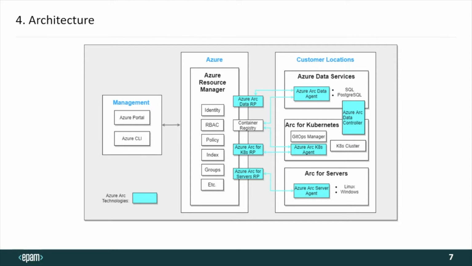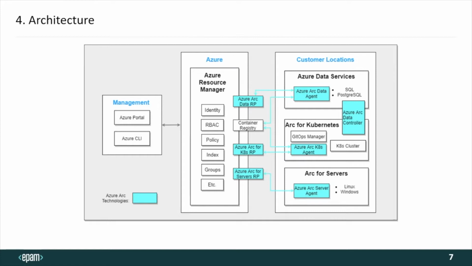Each of the Arc services needs an agent in order to make that connection. Arc for Servers agent connects using the Arc for Servers RP. Arc for Kubernetes agent connects using the Arc for Kubernetes RP, and the same for data services. It gets connected using the data service resource provider.